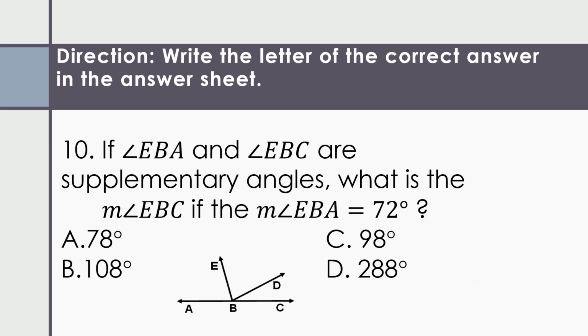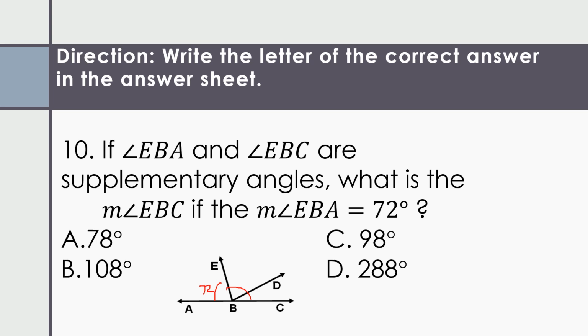All right, so let's go now to number 10. If angles ABE and ABC are supplementary angles, what is the measure of EBC? The measure is 72.